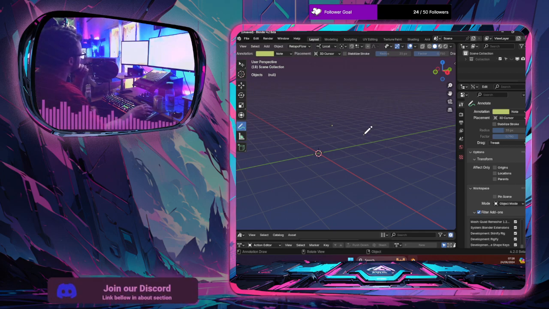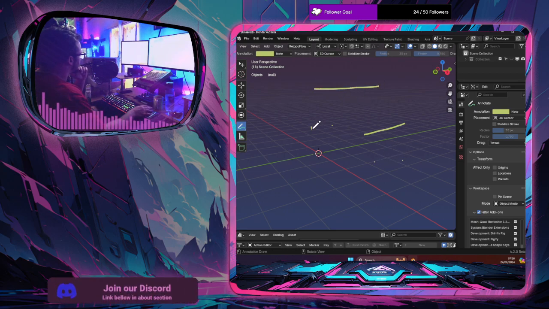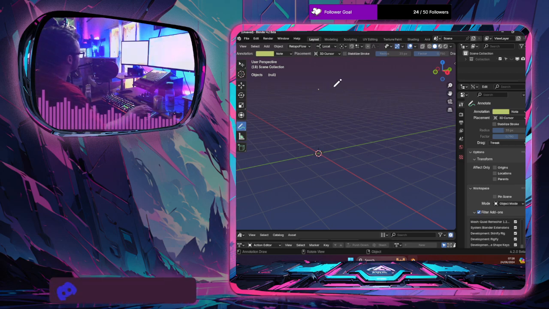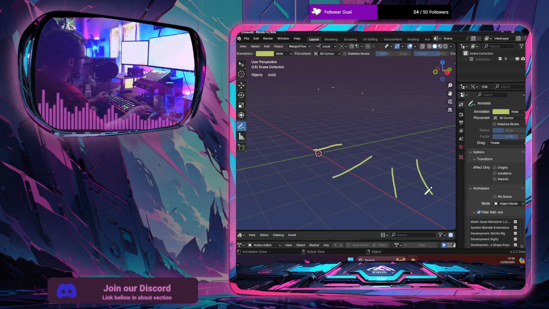Is this a point? Is this a line? I should have made that in order, right? Point, point, point, point. Line, line, line, line. 4 points, 4 lines.